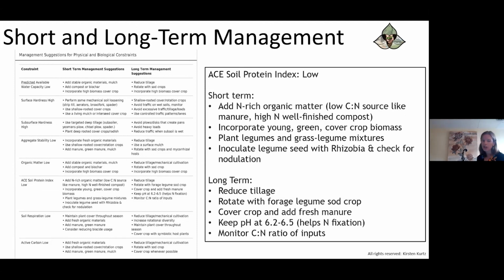And then in the long term, we're going to be thinking about reducing tillage, more rotation, and monitoring the pH. These, I think, are some of the more valuable things that we're offering, simplifying these concepts. You could probably do an entire presentation on short and long-term suggestions for managing soil protein, but we're really trying to simplify these concepts and help everyone wrap their head around them.